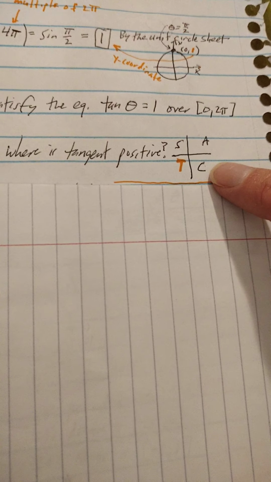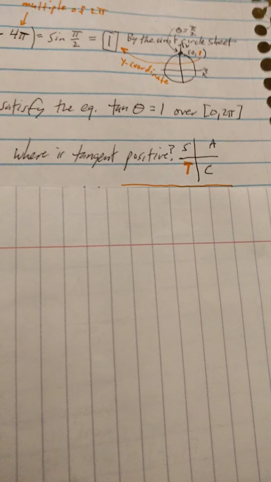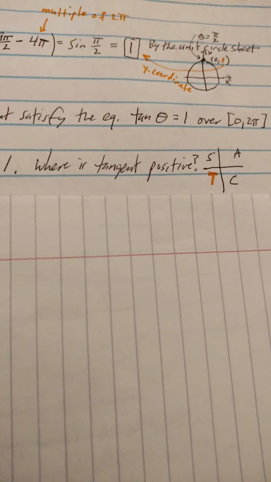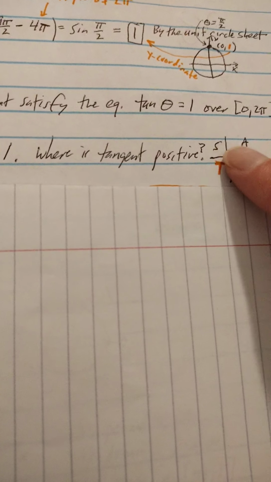So I know tangent is positive in quadrant 1 and quadrant 3. So I know my theta is going to be angles in those two quadrants, since I'm looking for a positive answer. Where's tangent negative, by the way? In quadrants 2 and 4, because I don't see a T in 2 or 4.